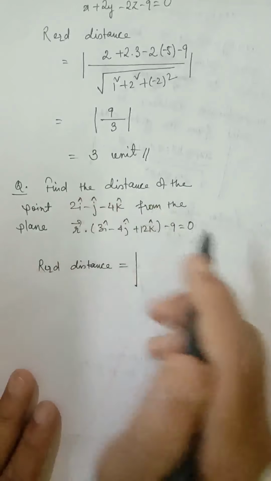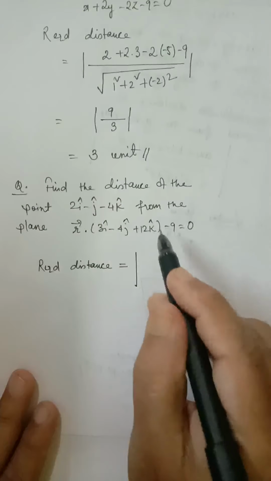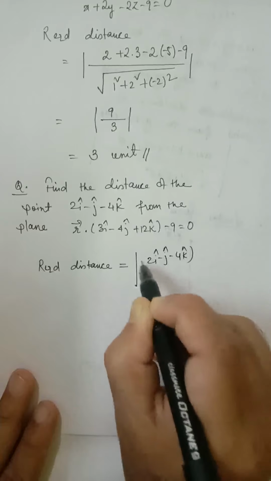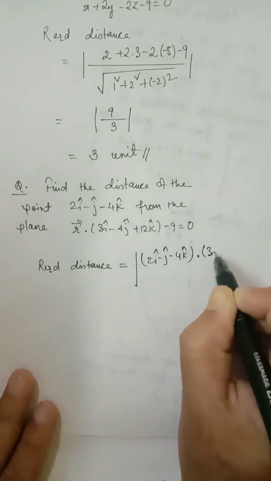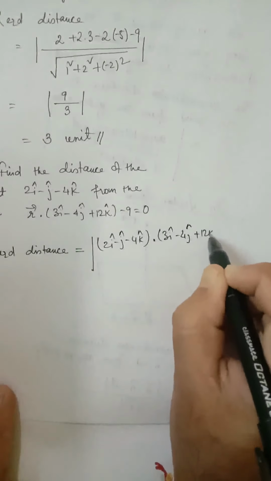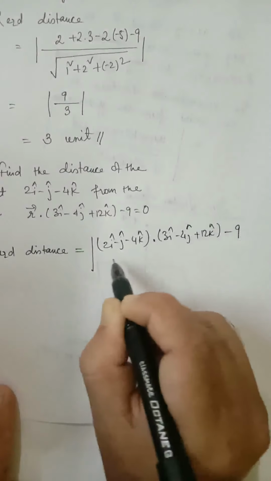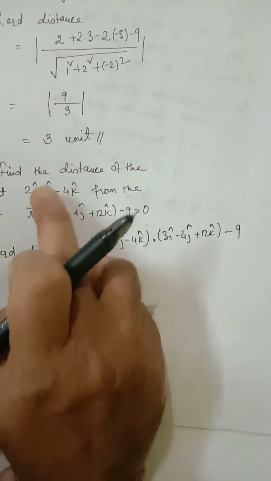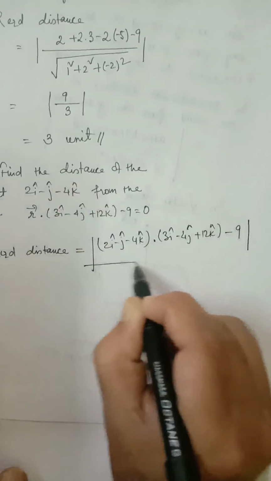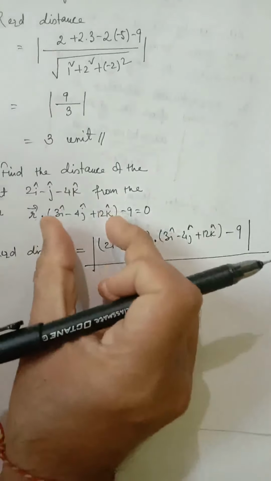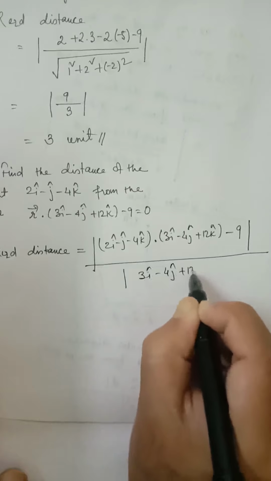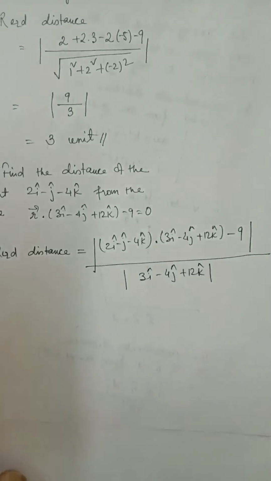So it will be (2i - j - 4k) dot (3i - 4j + 12k) minus 9, just replace r vector by this point, divided by modulus of this vector, modulus of 3i - 4j + 12k.